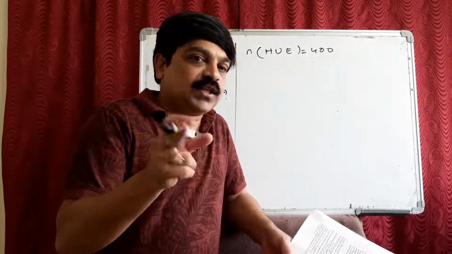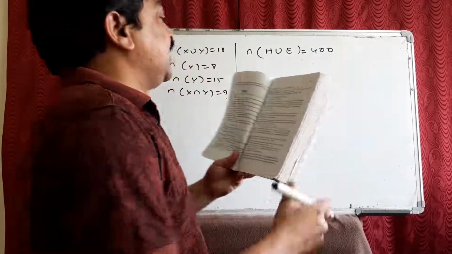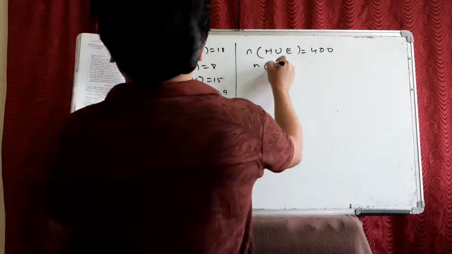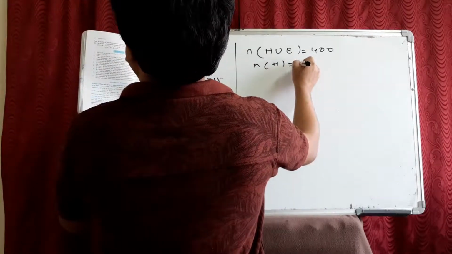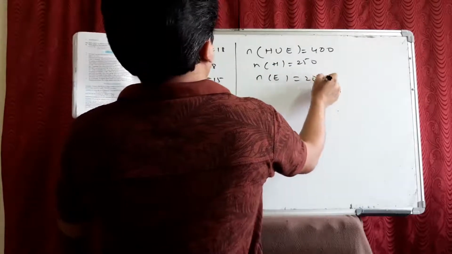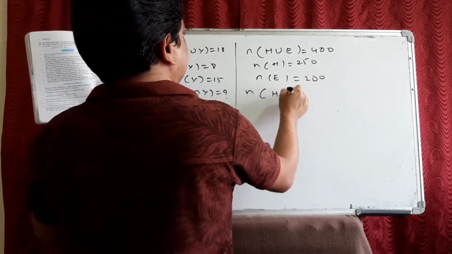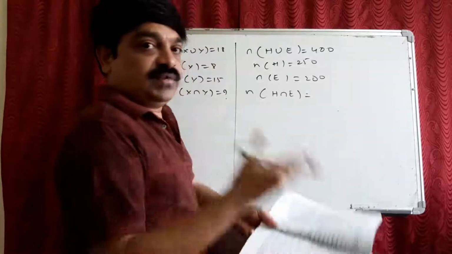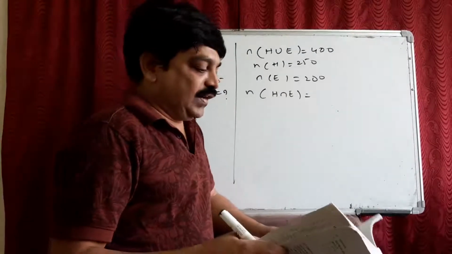Either or came, so we take it as H union E. And n of H is given as 250, n of E is given as 200. You are asked to find out n of H intersection E, for which the formula is there. So we can find it out.